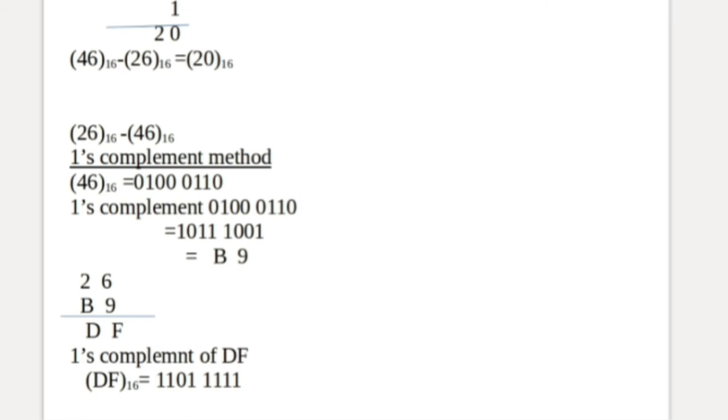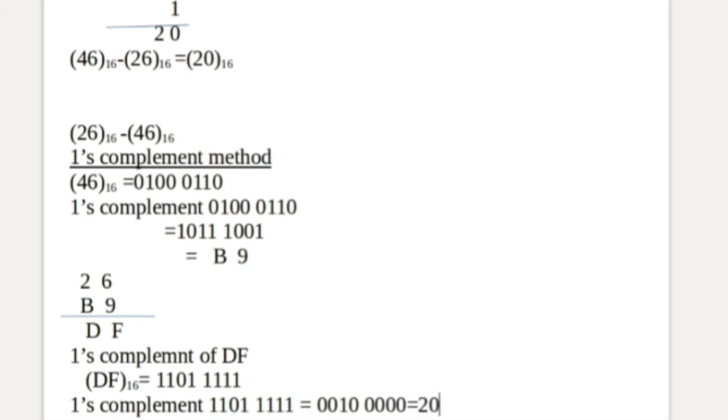Okay, so 1's complement of that, 1101 1111, is equal to 0010 0000, that is equal to 20.